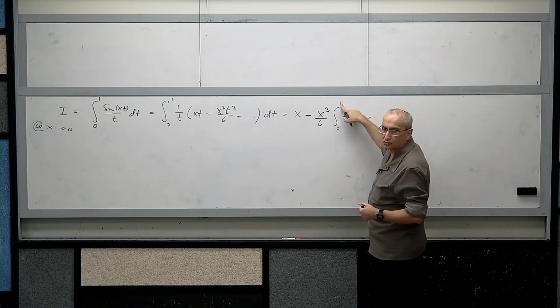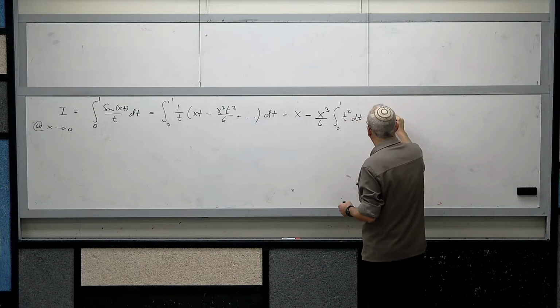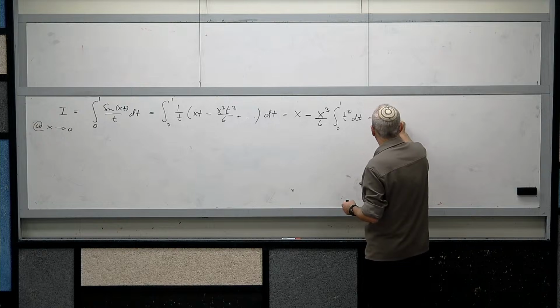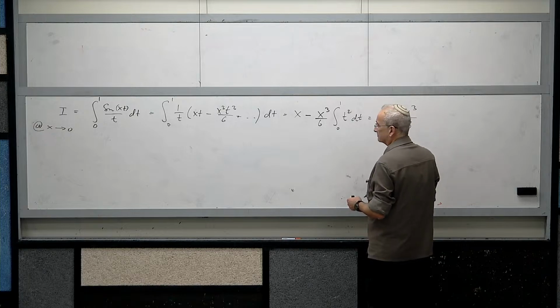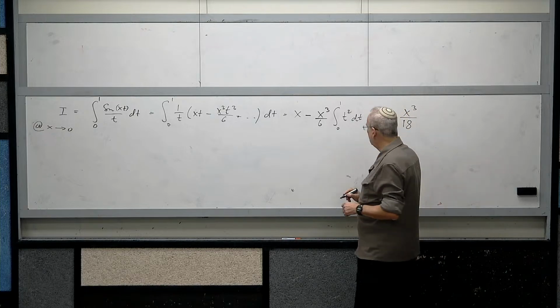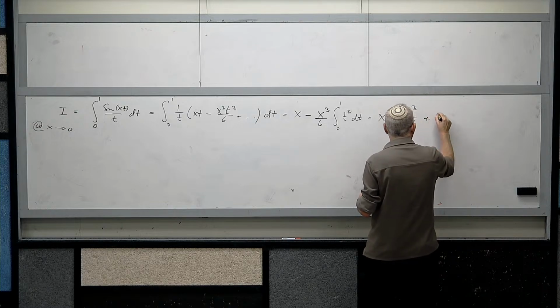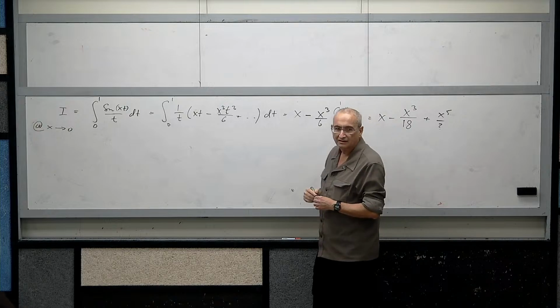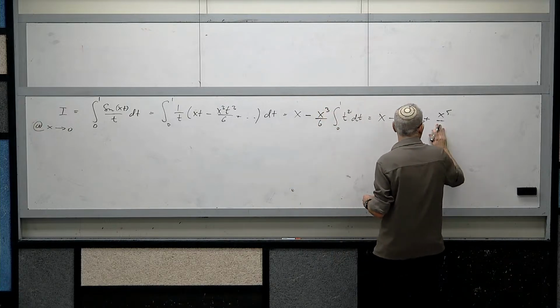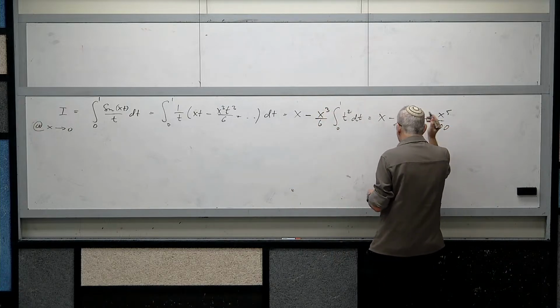And I have contribution only from the upper bound, so overall I get x minus x cubed over 18. Okay, and then the next term will be plus x to the fifth over who knows what. I think it ends up to be 600, and so on and so forth.